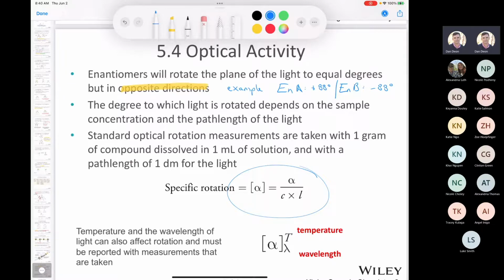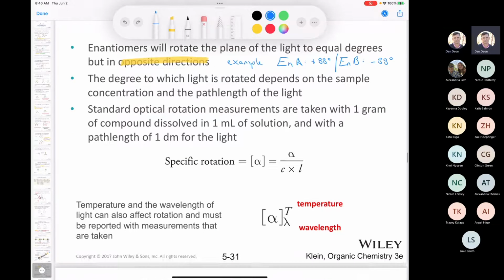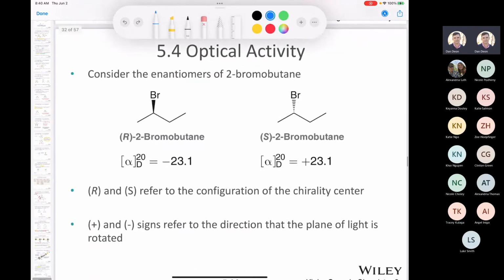The bottom line is you don't need to worry about any of that, okay? I'm not going to ask you any questions about calculating optical activity. I know there are questions in our textbook that deal with that, but if you look at the problems that I selected from Chapter 5, you'll notice I picked none of those problems. So you need to focus on the problems that I selected. And the main thing that you need to know is this.